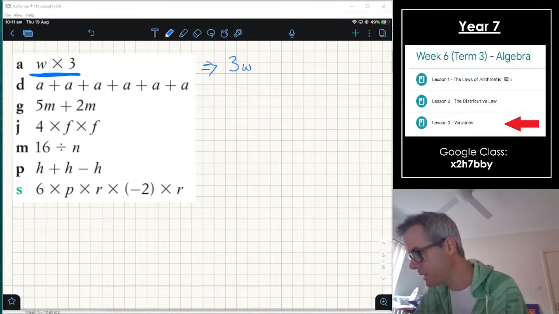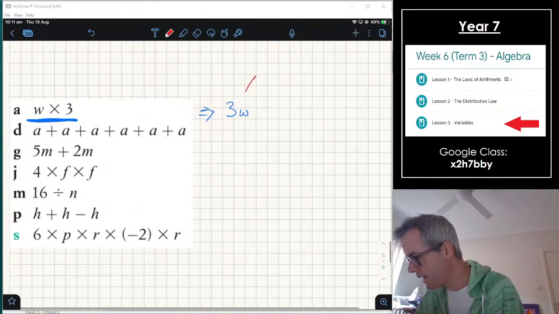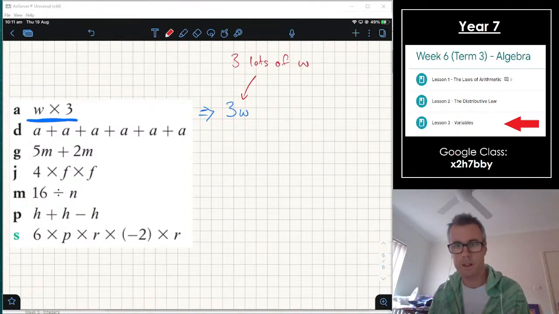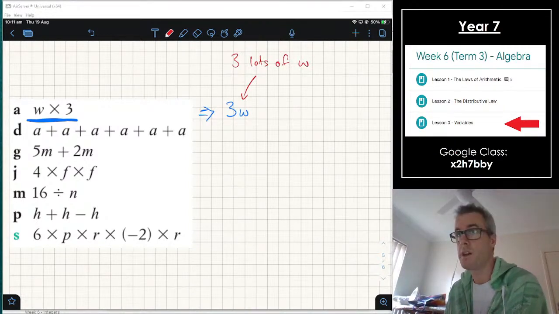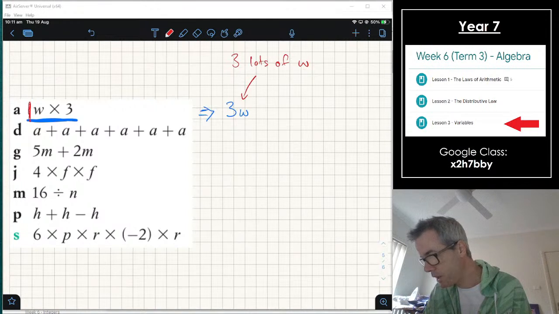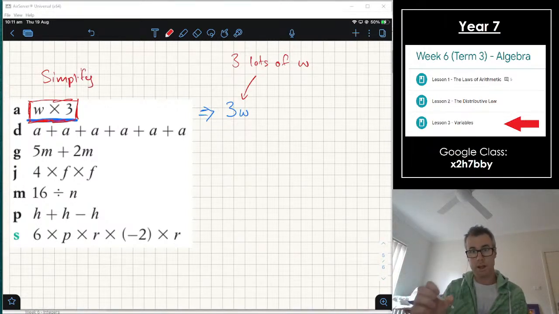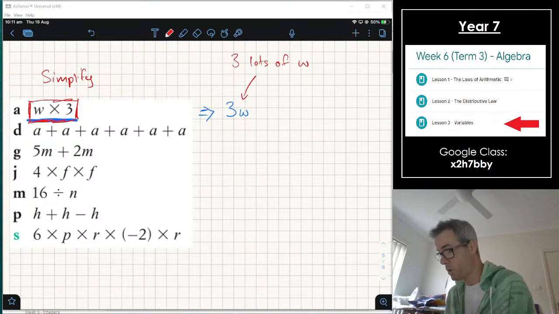So it's essentially saying I have 3 lots of W. And W doesn't have to be any specific value, it can be anything, because remember, we're looking here at patterns, okay? We're looking at taking this notation and simplifying it, because that's our verb, simplifying it, to make it smaller and more efficient to work with, right?